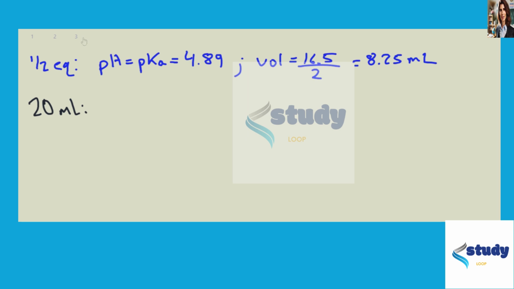So at 20 milliliters, if we multiply the volume times the concentration, we get that we have 0.06 moles of OH. Now the question is, what is the excess? So we subtract the initial acid from this, to get the excess strong base that we have.